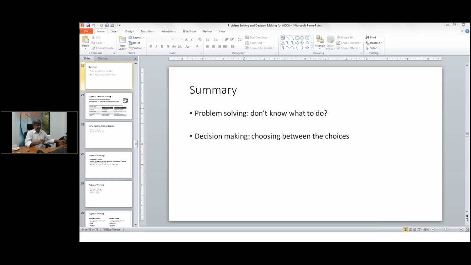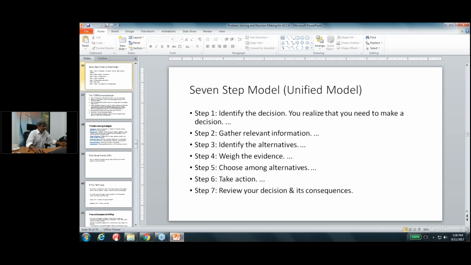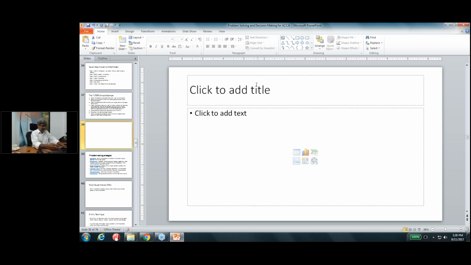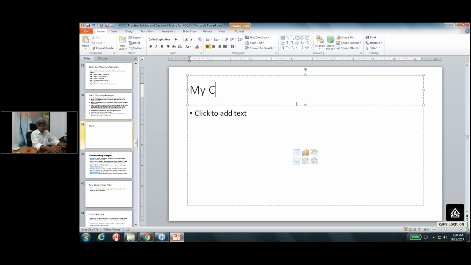The problem is this: my car does not start after I eat vanilla ice cream.